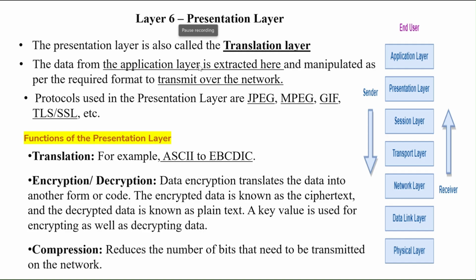The presentation layer is also called the translation layer. Mainly about the presentation layer, I should say that it handles data formatting, encryption and decryption. You should know that encryption and decryption tell you what the presentation layer is, and that it is also called the translation layer.